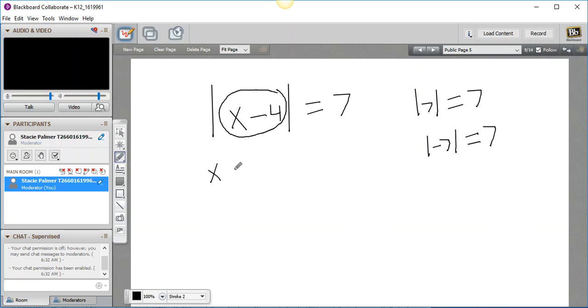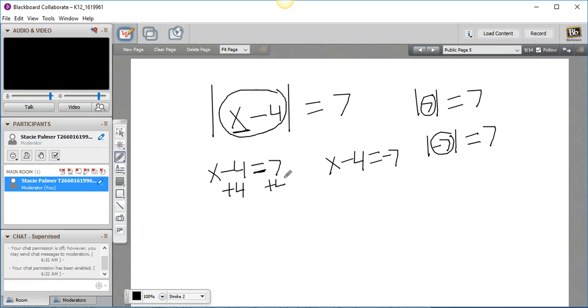So we set x minus 4 equal to 7 because we want to figure out what value of x is going to make x minus 4 equal 7, because we know that will give us a true statement. And we want to know what value of x is going to make x minus 4 equal to negative 7, because that will also give us a true statement.